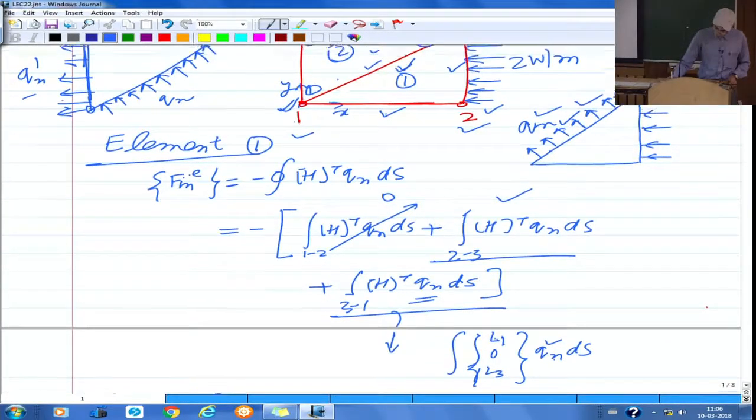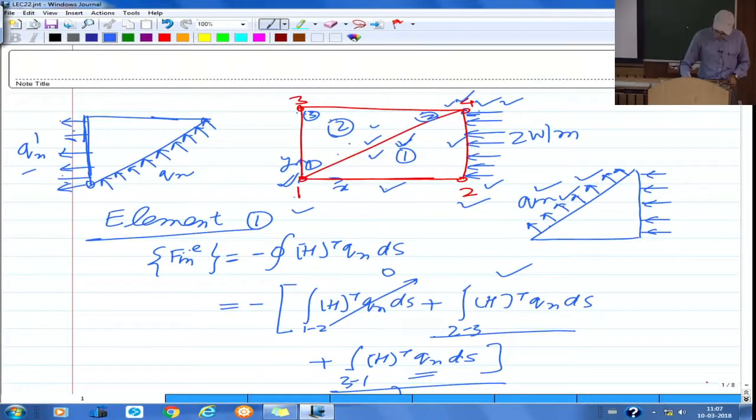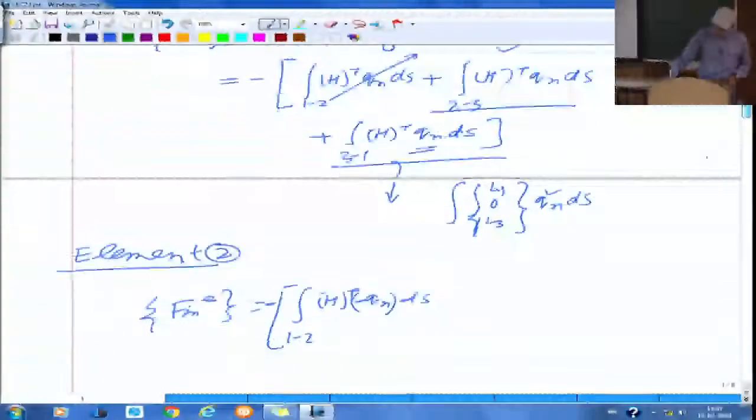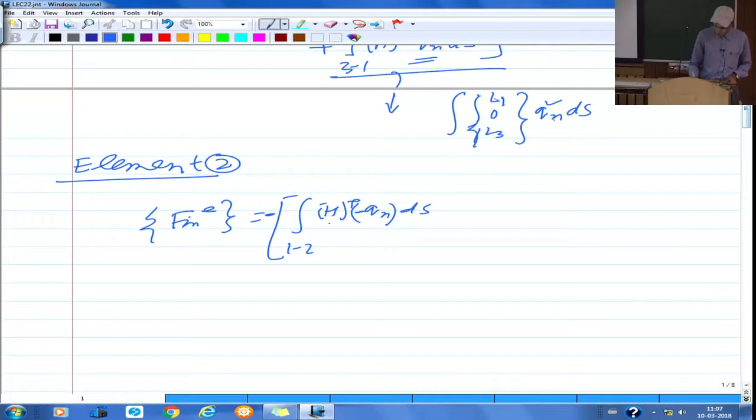If the heat is going from this element to that element, from this element the heat flux is away from the outward normal, so it is positive. For this element the heat is in the negative direction of the outward normal, that is entering the element, so it is negative, but the quantity is the same as for the first element, because this is the common boundary. So you have this term as minus H transpose minus Qn ds.